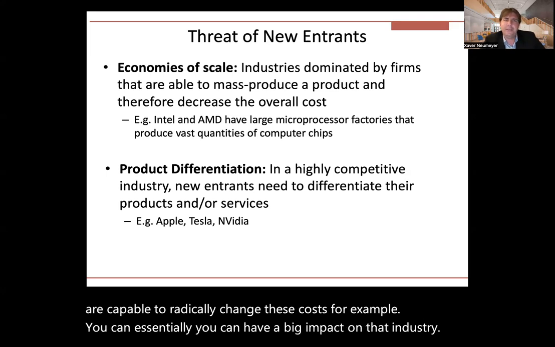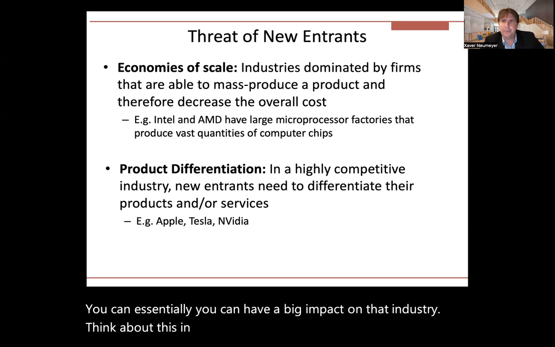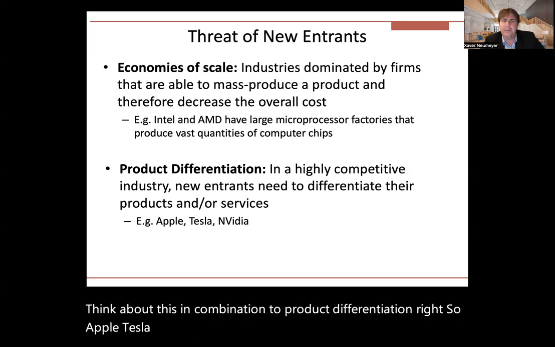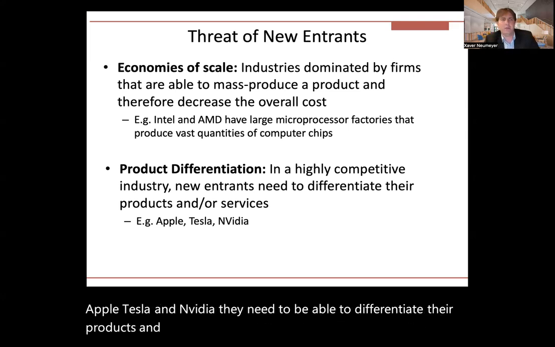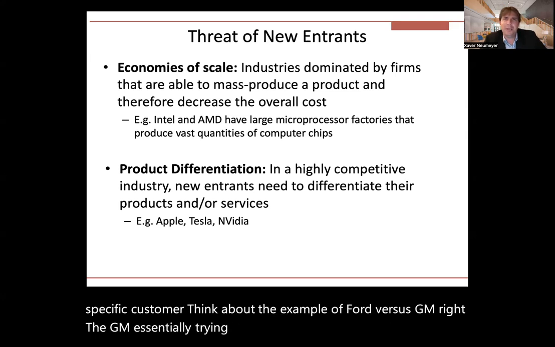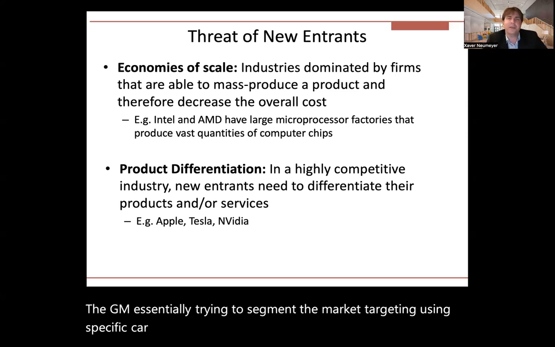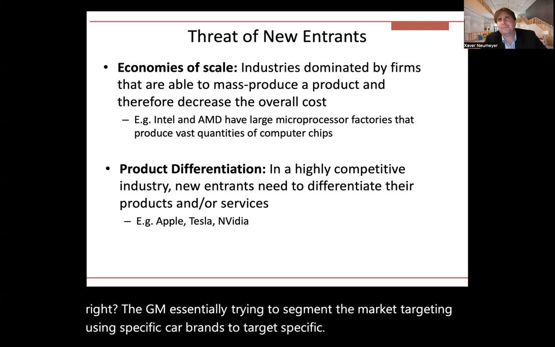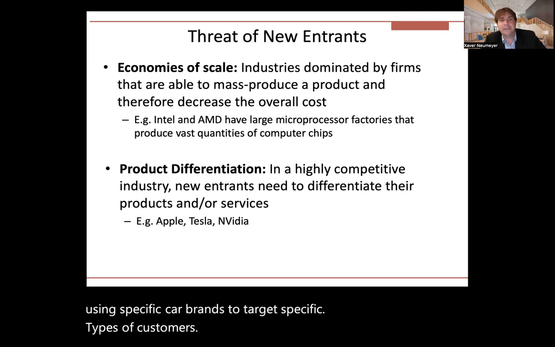Think about this in combination with product differentiation, right? So Apple, Tesla, NVIDIA, they need to be able to differentiate their products and services, right? Because they're not just targeting one specific customer. Think about the example of Ford versus GM, right? GM essentially tried to segment the market, using specific car brands to target specific types of customers, and it's the same thing, right?